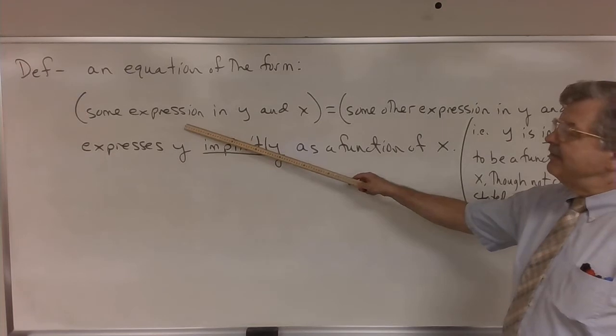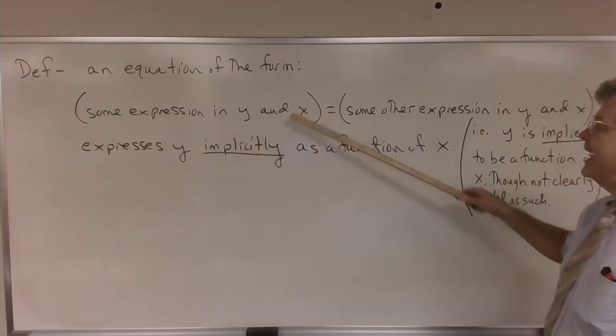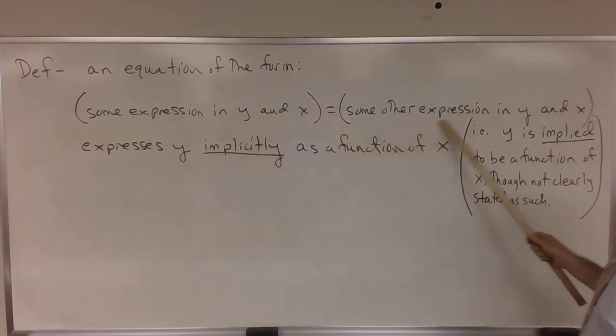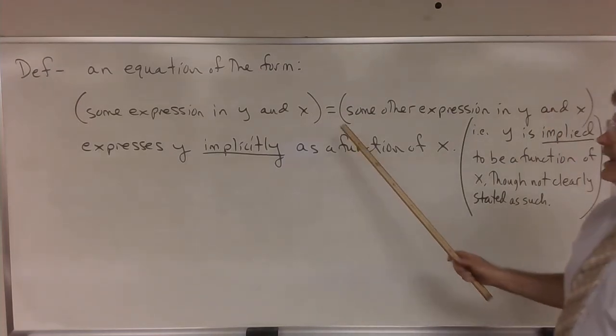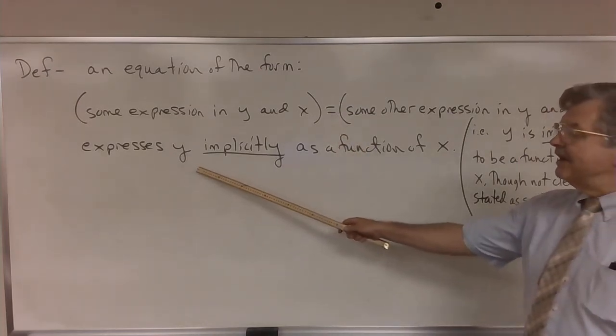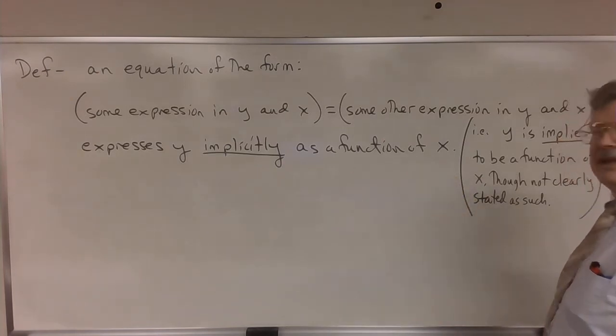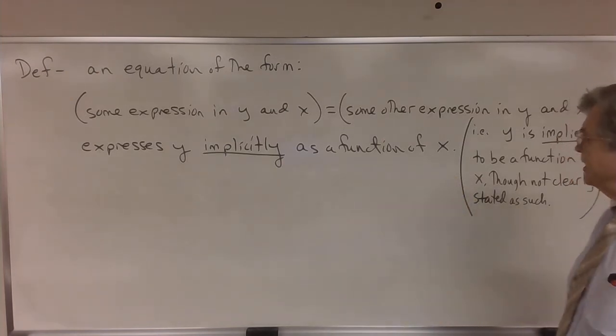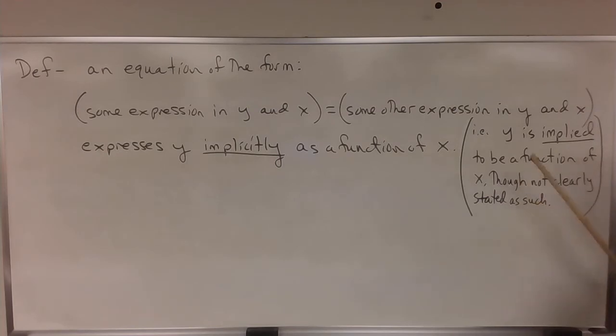We have an equation, some expression in y and x equals some other expression in y and x. This kind of equation is said to express y implicitly as a function of x. That is to say, y is implied to be a function of x, though not clearly stated as such.